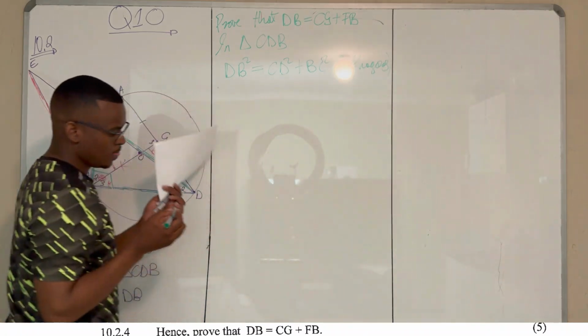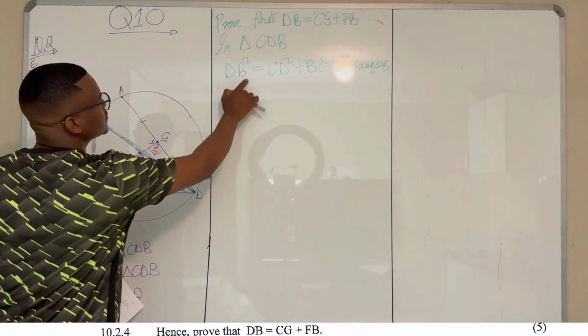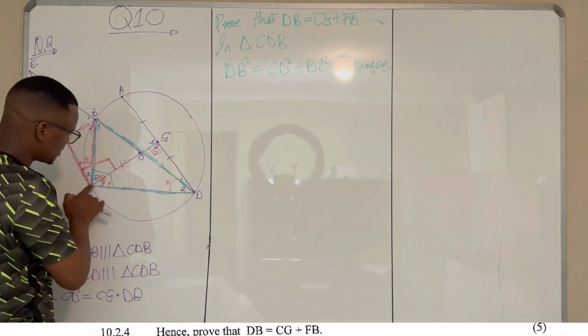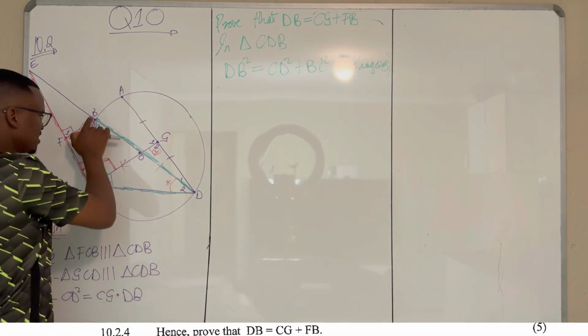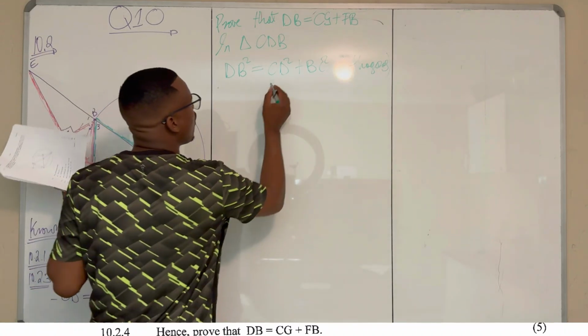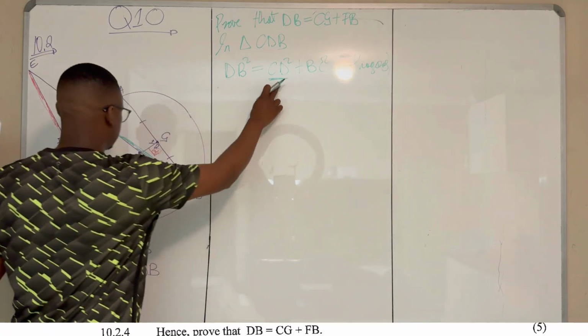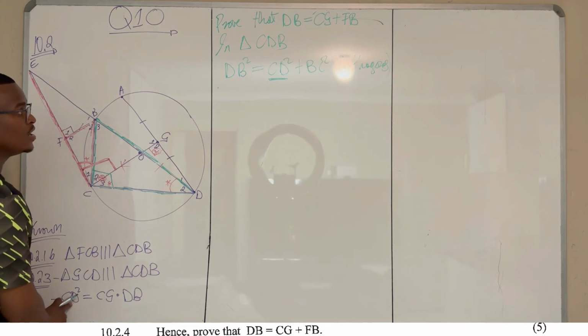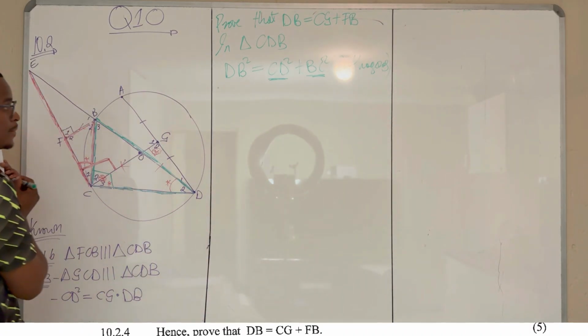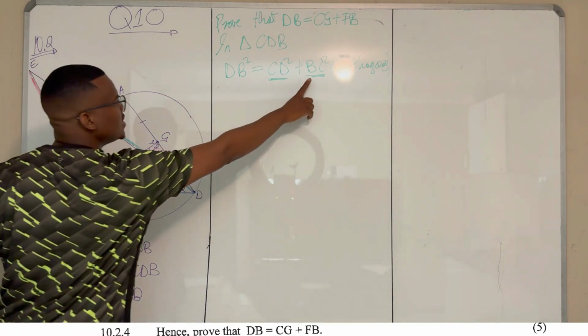So your DB squared is equal to CD squared plus CB squared. You know what CD squared is, which you found here. Maybe you can try to find the square of BC.